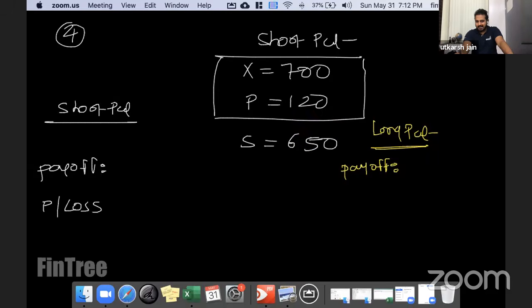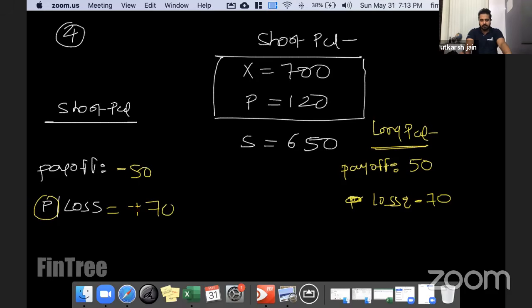Will you sell? Yes. So if you sell, then you get a positive payoff of 50. But unfortunately, you paid a premium of 120 at the beginning. Since you paid a higher amount of premium, you're going to incur a loss of 70 here. And once you have these two numbers, you just need to change the sign. We will have a profit of 70. That's it. So your answer was payoff of negative 50 and profit of 70. That's how you were supposed to do this.